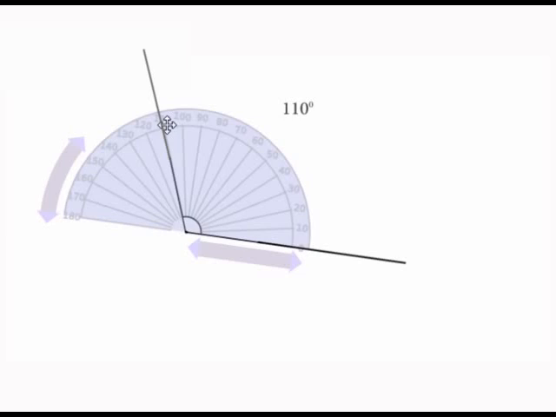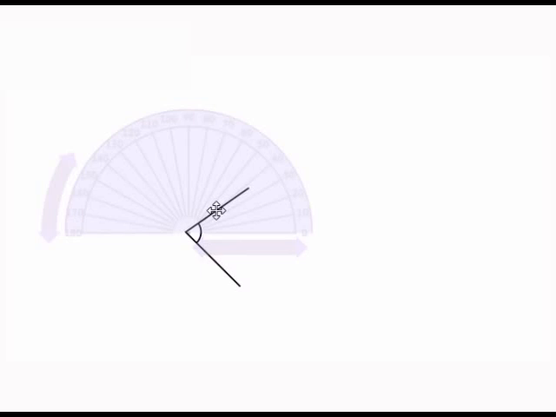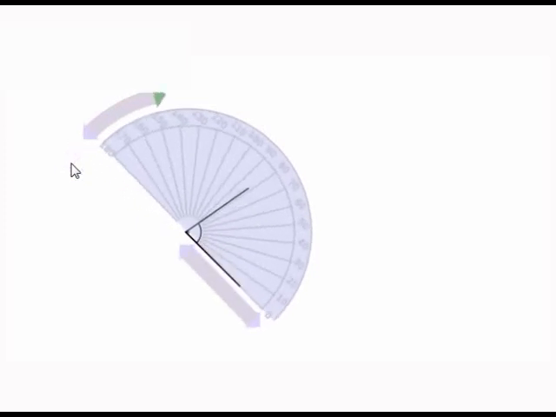The other one was acute. One more. Put the center of the protractor at the vertex. Rotate the protractor, and that looks like 81, 82 degrees. And that's pretty much about measuring angles.